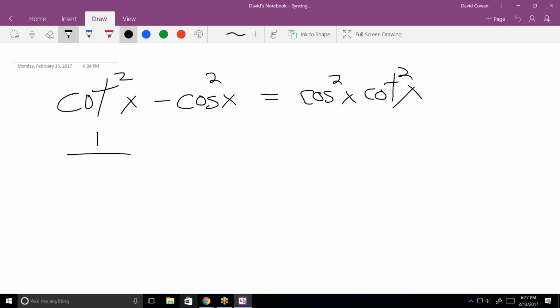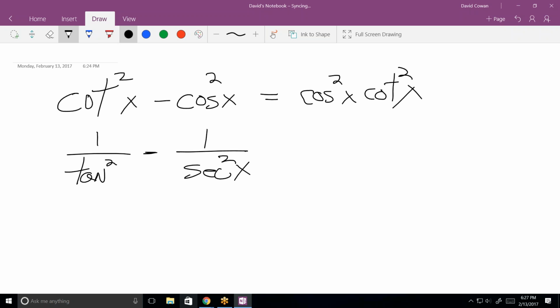1 over tan squared minus 1, let's use that reciprocal. Well, that's cosecant. Excuse me, that is secant squared.